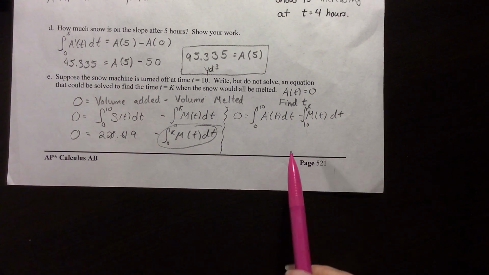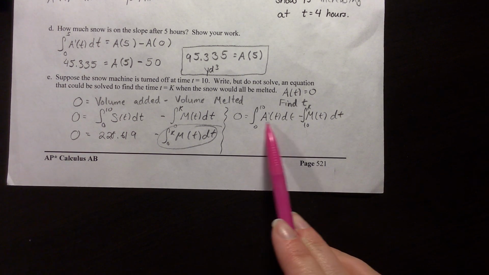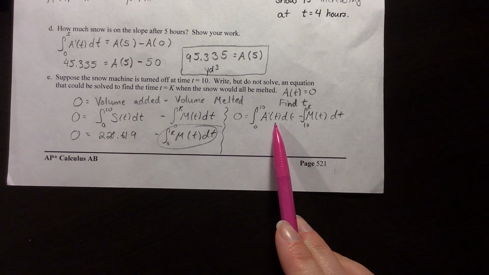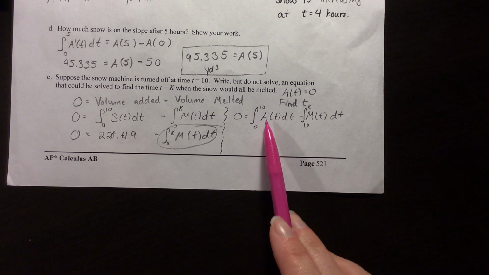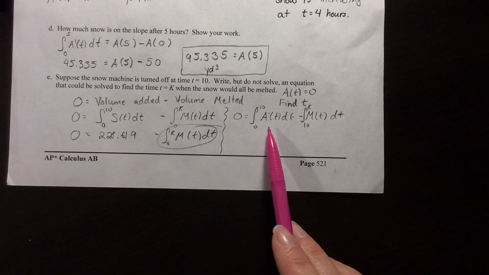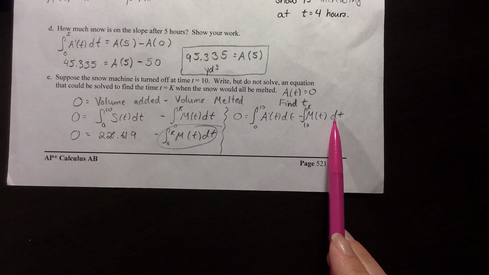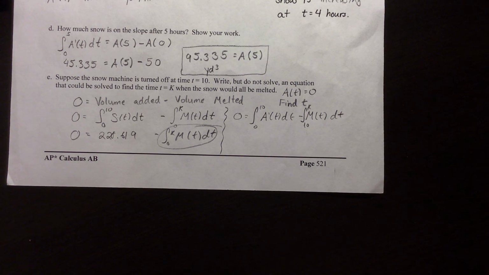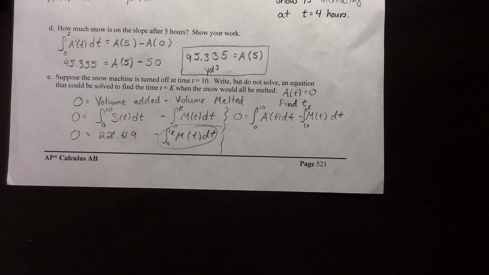All right, so what I'm doing here is I've got the integral of the rate of the amount, so this is our s of t minus m of t business from 0 to 10. So we've got the snow adding and the snow melting for the first 10 hours. And then after the first 10 hours, we just have the snow that's melting, and that's going to all equal 0. This is probably a better way to do this problem than what I did first.